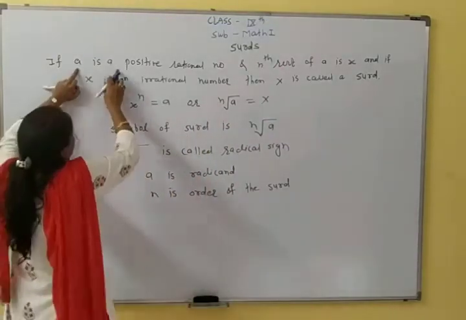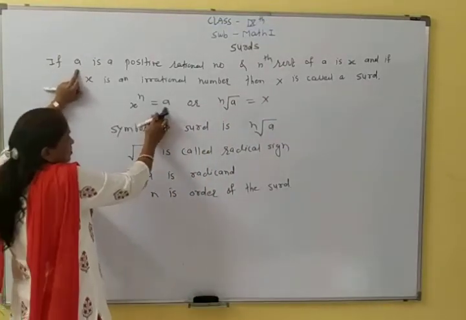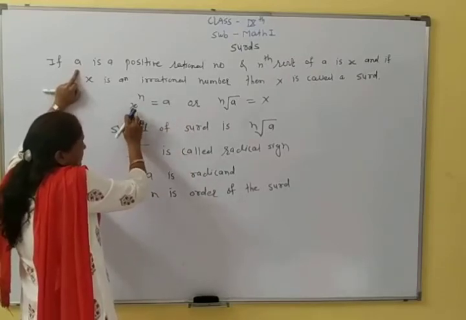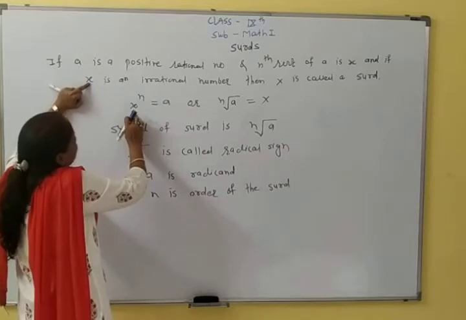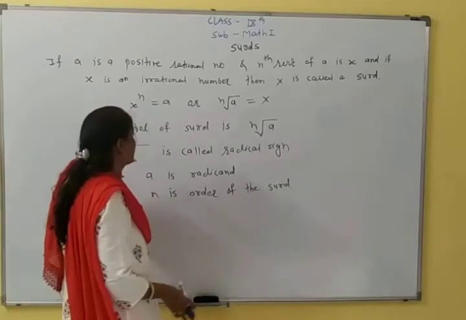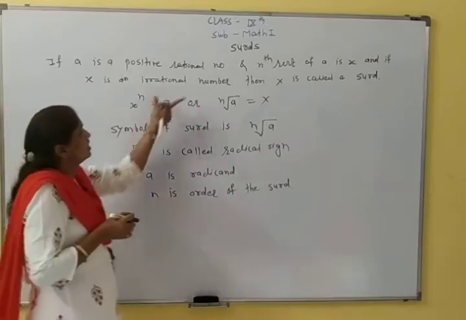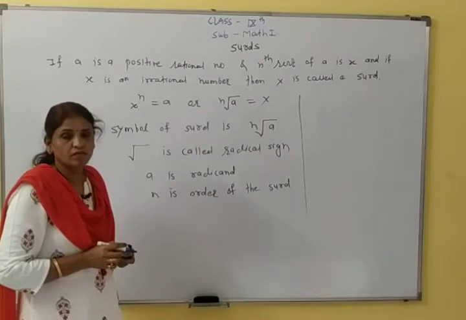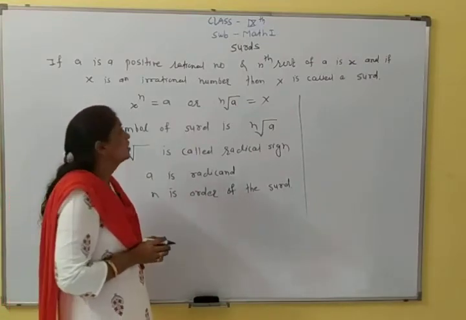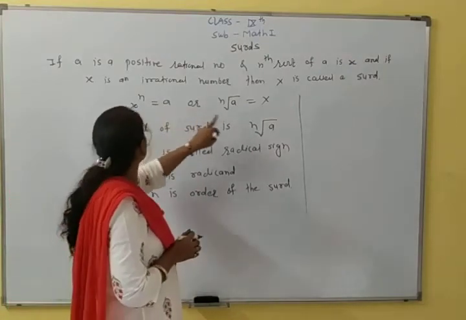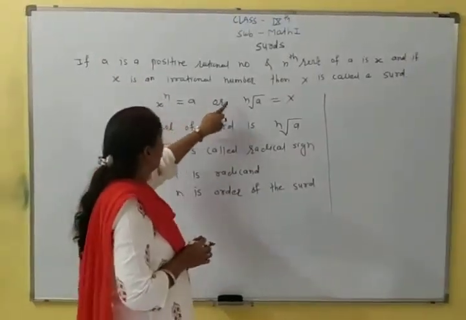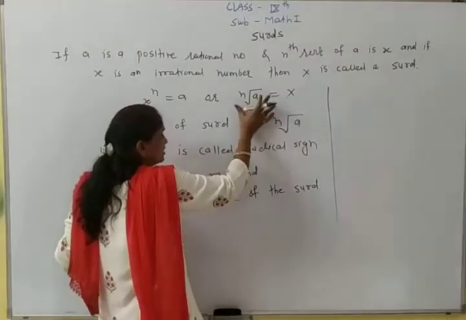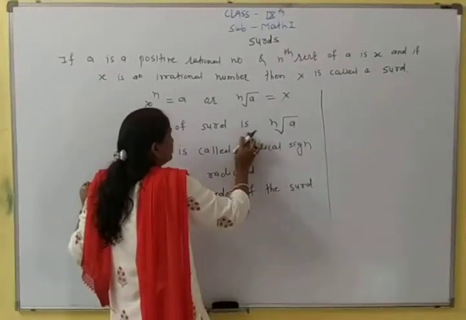If A is a positive rational number and the nth root of A is x, and if x is irrational, then x is called a surd. In simple terms, if x raised to power n equals a, or the nth root of a equals x, the symbol of a surd is the nth root of a.